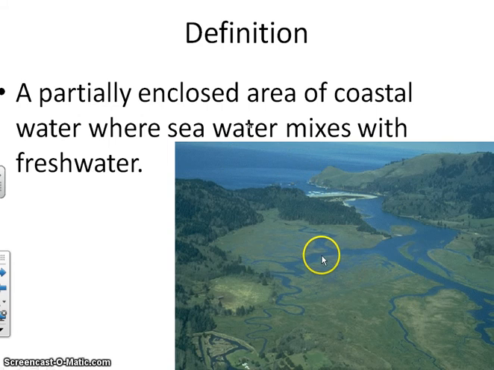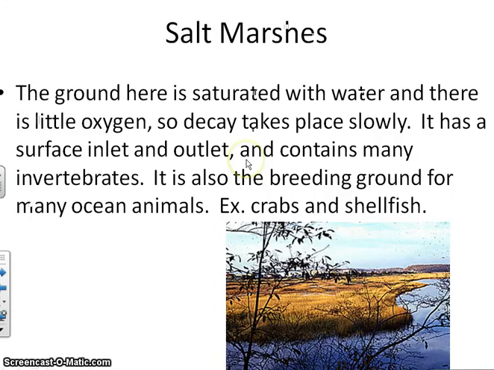And so what happens a lot of times is this really nutrient-rich environment serves as a nursery for big marine animals that want to come in here and leave their young, swim back out, and there's a little bit of protection from predators, from organisms that would otherwise kill them and eat them.